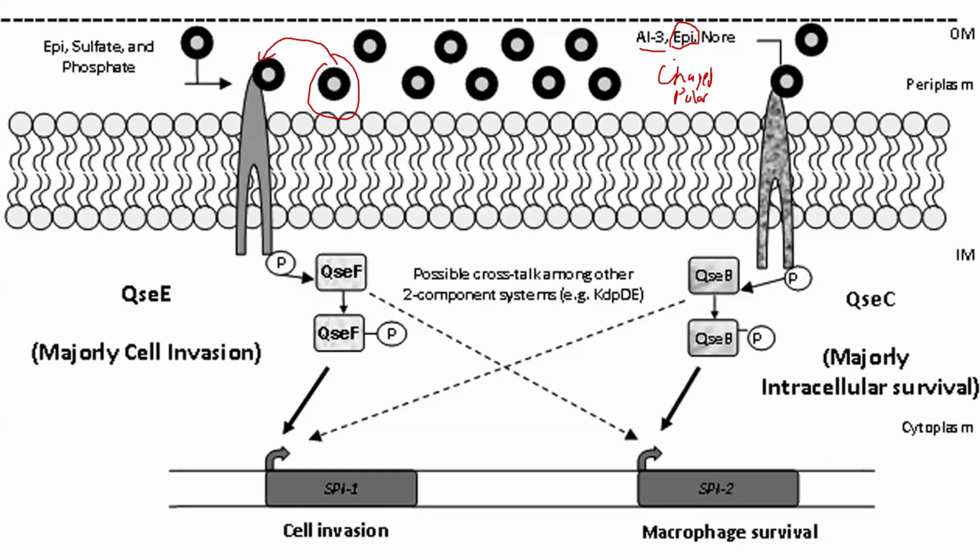So obviously, higher order eukaryotes respond to epinephrine and norepinephrine, and they're two of the most predominant types of neurotransmitters in the body because they're involved in the adrenal response.